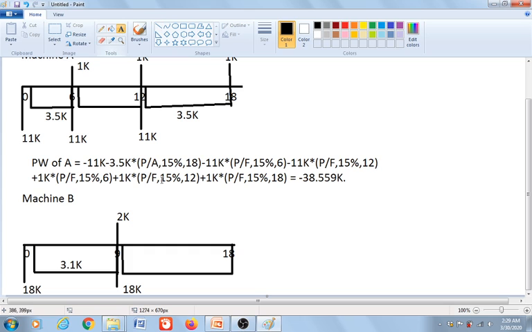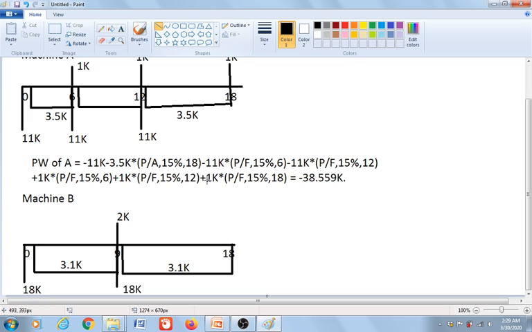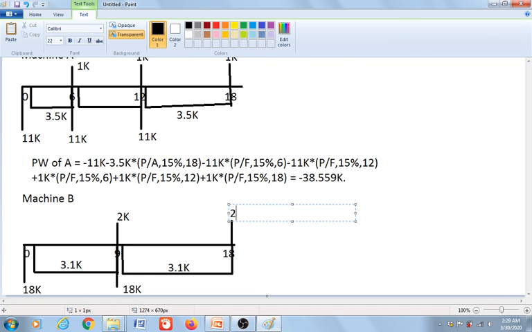So that's equal 3.1k, and then we're gonna get the salvage value of the machine at the end of year 18, and that's equal to 2k.